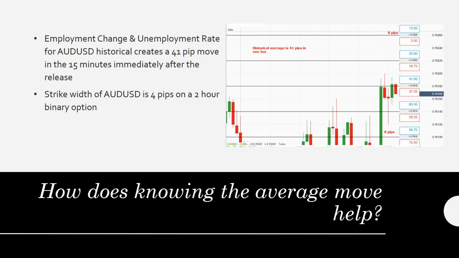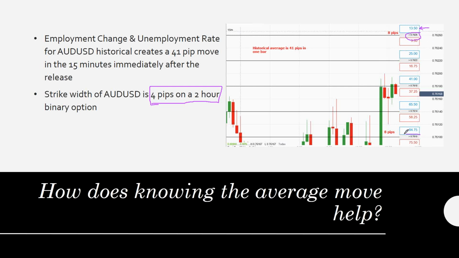The strike width on the Aussie dollar is 4 pips for a 2-hour binary option. Now, just showing you this chart here, 8 pips away, you can actually get that for $13.50 on this particular chart. And I think this was from yesterday.